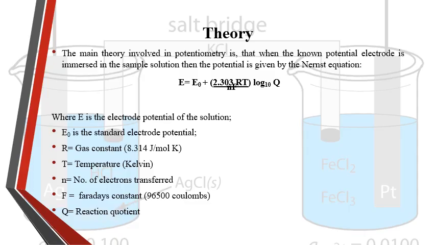R is the gas constant, which is 8.314 joule per mole Kelvin. This is a physical constant that relates energy scale to temperature, and it is used in many equations in chemistry and physics. T, as you know, is the temperature and is measured in Kelvin.